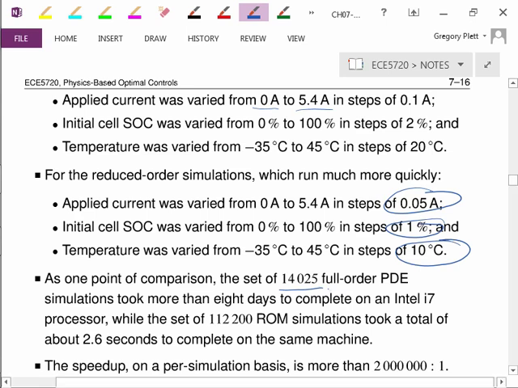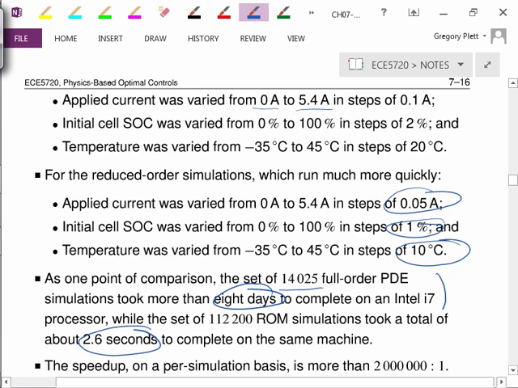The reduced order model simulations, there were 8 times as many, so 112,200 reduced order model simulations took a total of about 2.6 seconds on the same machine. 8 days, 2.6 seconds. And by the way, the reduced order model simulations were not coded up in anything fancy like C, and they didn't use multiple cores of the processor like COMSOL did.